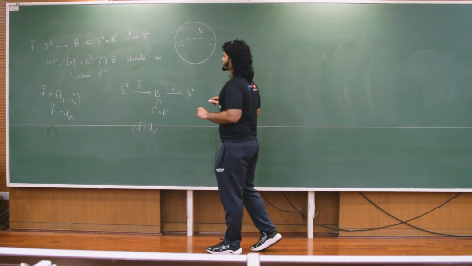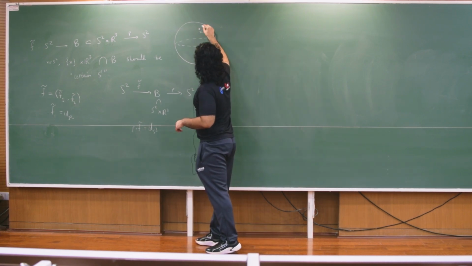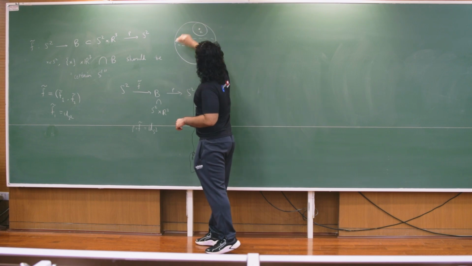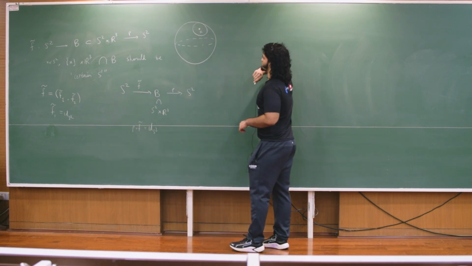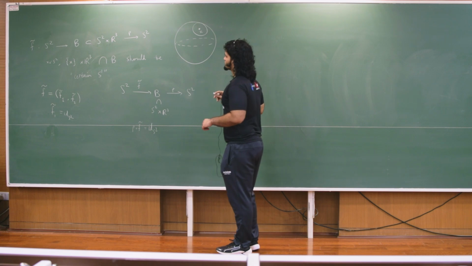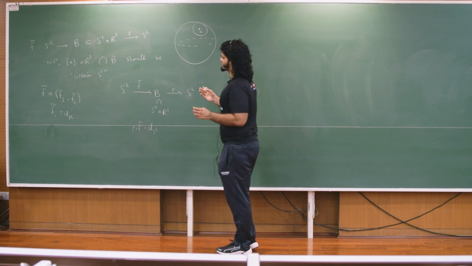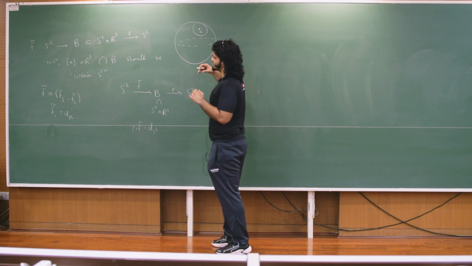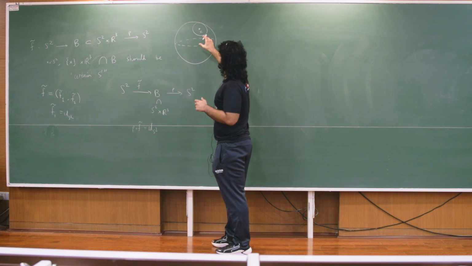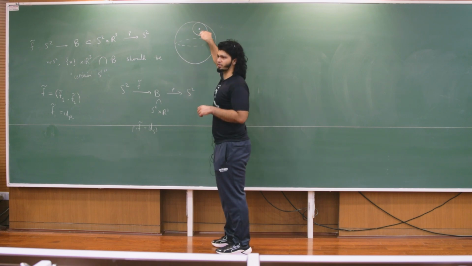Not this one, this is the equatorial. This circle is tangent to the sphere at that point. So for each point x in S2 you give me, B will have that circle sitting inside it.